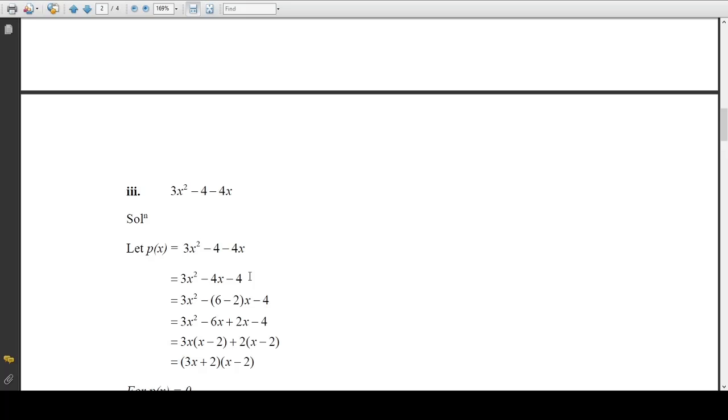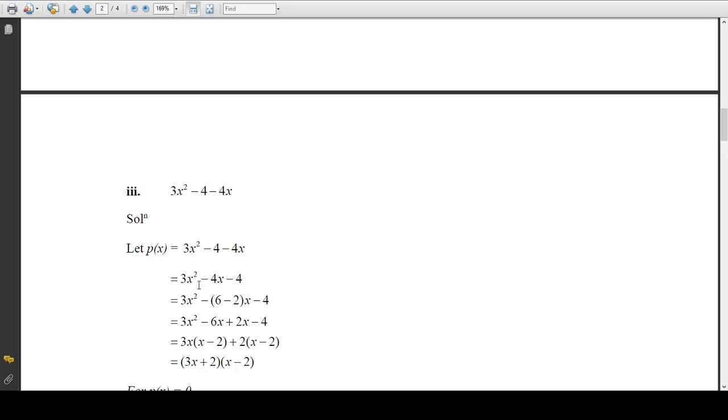Standard form of a polynomial is that you have to arrange the terms in decreasing order of the power of x. Here 3x square has power 2, therefore you write it as the first term. 4x has power 1, therefore you write it as the second term. 4 has x power 0, therefore you write it as the third term.